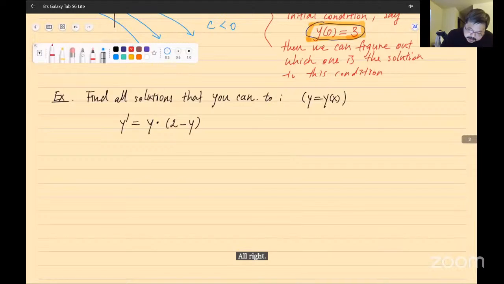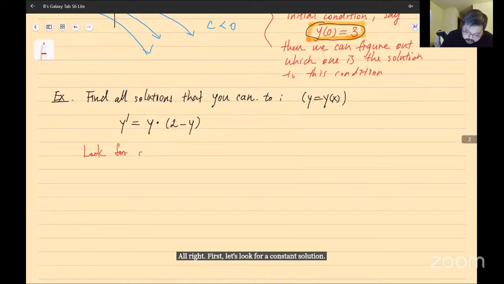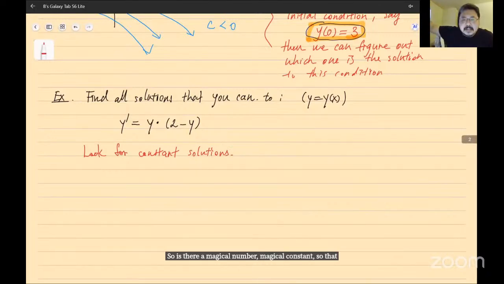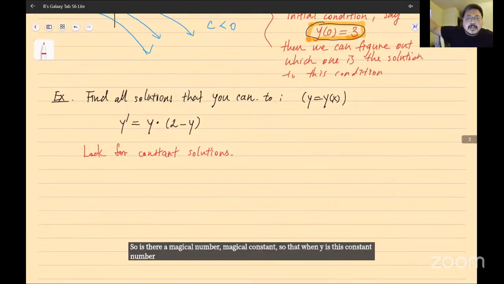First, let's look for a constant solution. Is there a magical constant so that when y is this constant number always, we satisfy this differential equation?